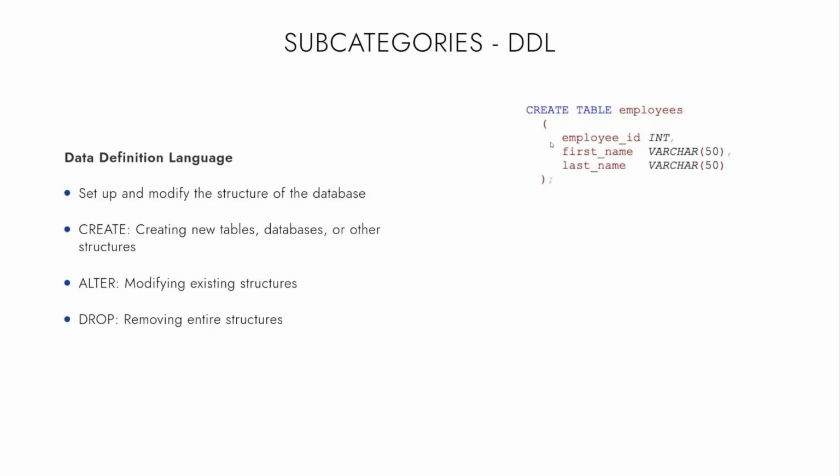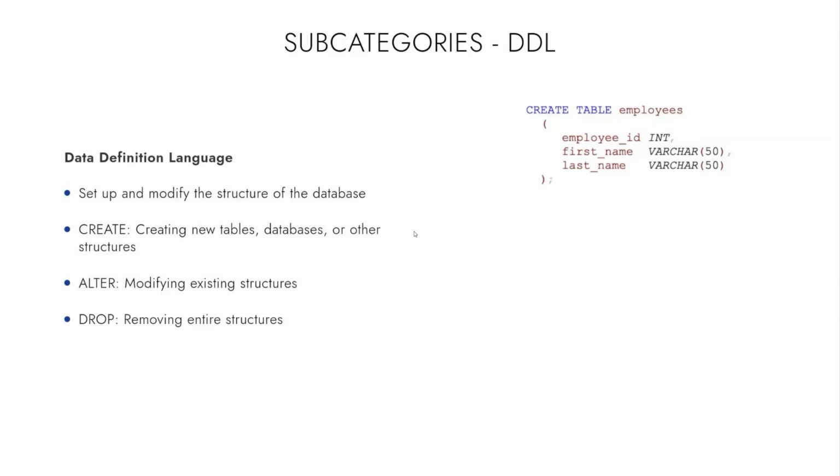Within the parentheses, there's employee ID, which is going to be one column. We're going to go through data types later, but you're defining what the data types are. This is integer in this case, meaning numbers. First name and last name are column 2 and column 3. These are characters that can be up to 50 characters.